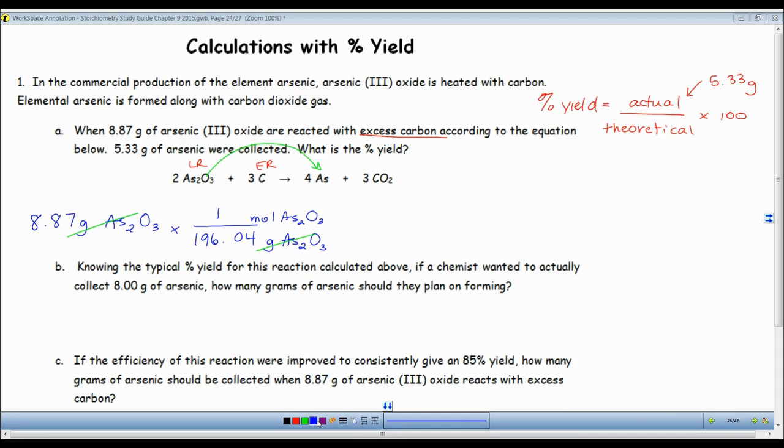I like that. Cool. Okay, so now that I'm in moles, I can make my switch. I want to get out of moles of arsenic oxide and over to moles of arsenic. AS, not AR. AR would be argon.